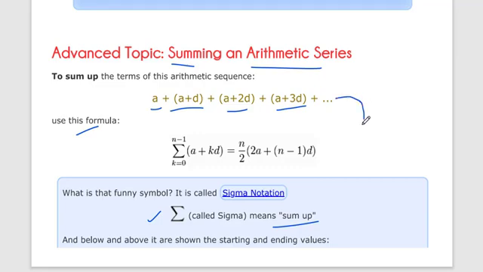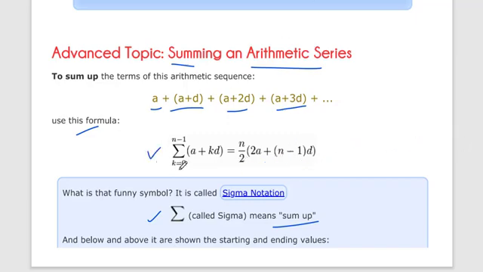For this arithmetic sum, for the summation of n terms, they have used this equation. We will find how they calculate this equation. First of all, try to remember this summation formula.